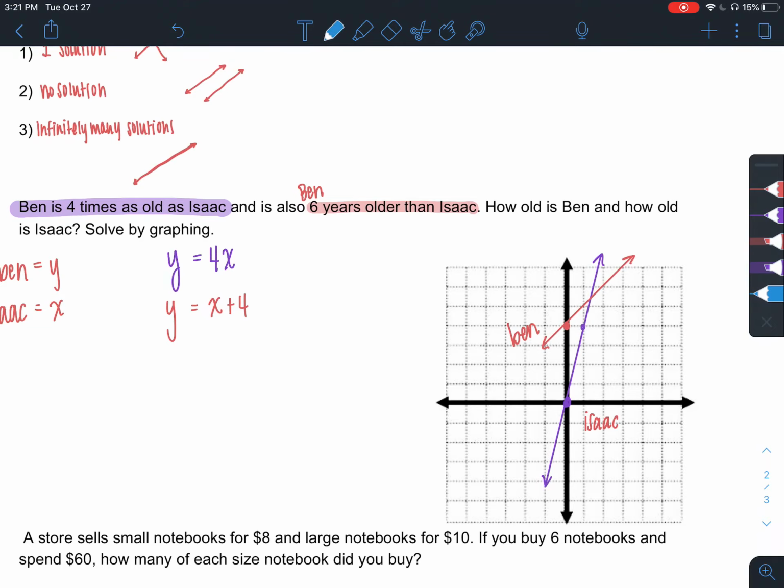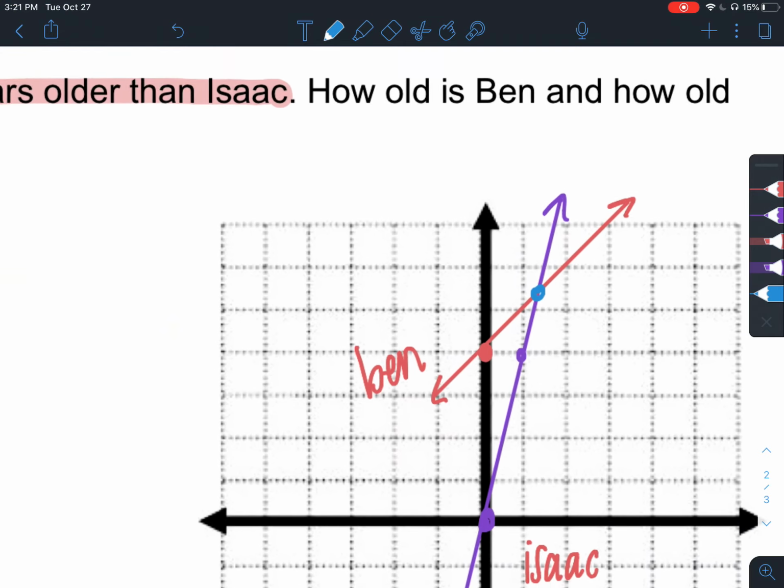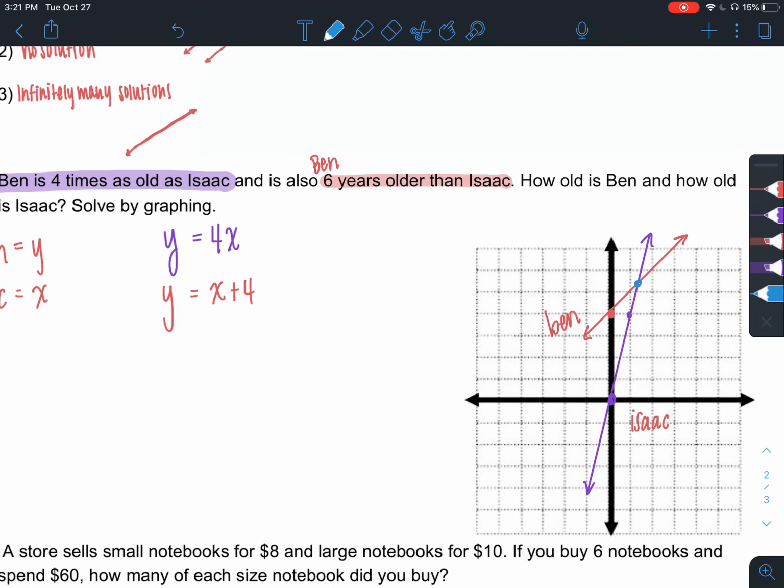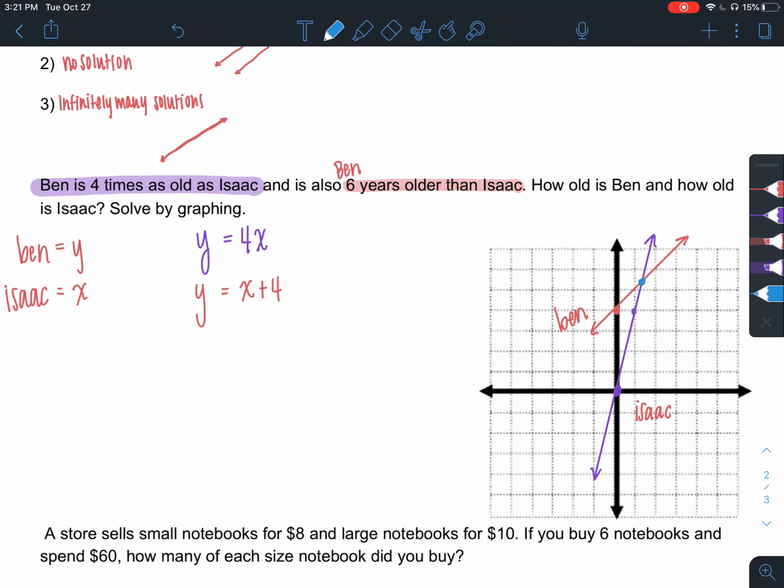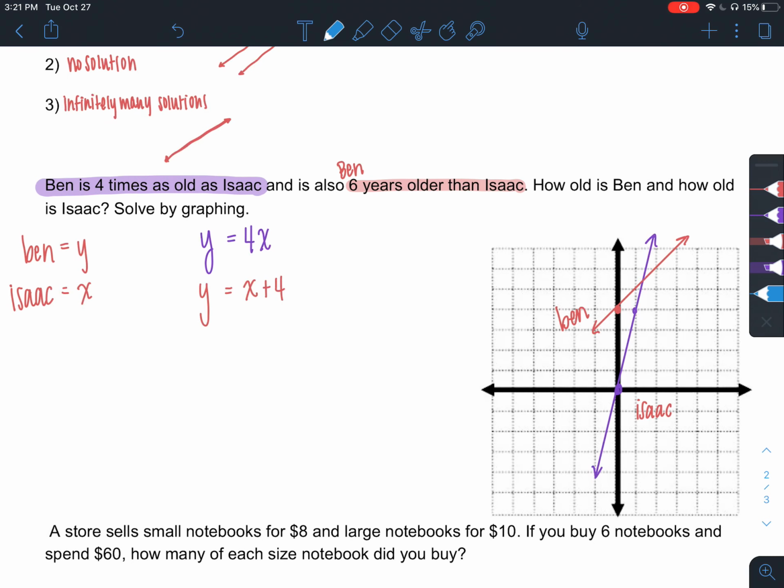Okay, and that intersection right there is their, oh, I wrote it wrong. Ben is 6 years older than Isaac, so this should have been a 6, not a 4. That's why it's messed up.